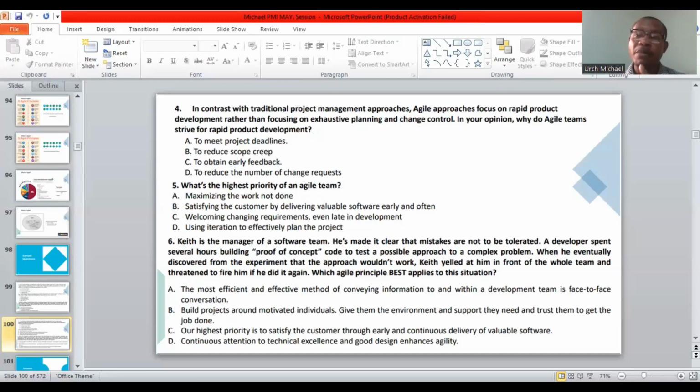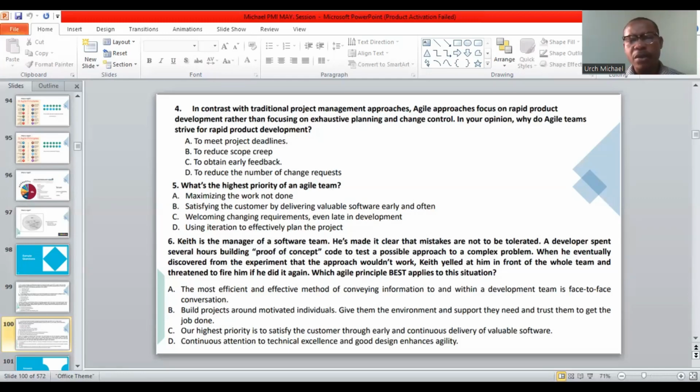So this calls your mind back to the 12 principles of Agile. The most efficient and effective method of conveying information to and within a development team is face-to-face conversation. Build projects around motivated individuals. Give them the environment and support they need and trust them to get the job done. Our highest priority is to satisfy the customer through early and continuous delivery of valuable software.